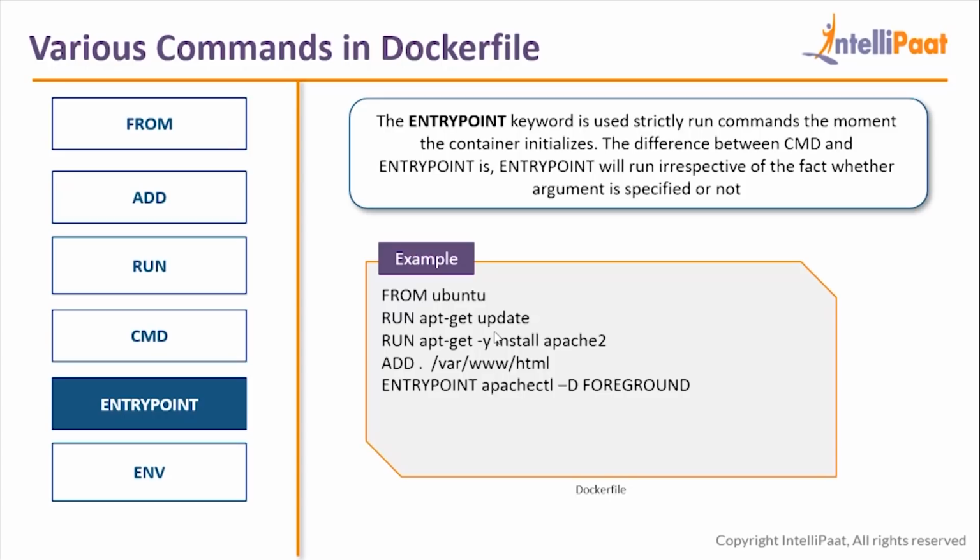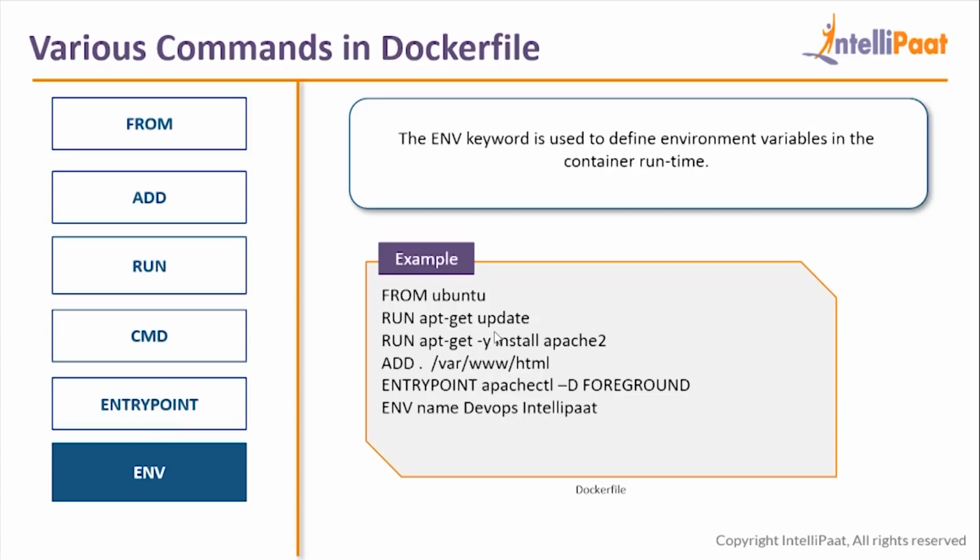So CMD and ENTRYPOINT can be used interchangeably, but if there are cases when you'll be running the container with an argument, it's better to use ENTRYPOINT so that the command does not get skipped. The CMD command will get skipped if you specify an argument after the docker run command. In our case, we use apachectl -D FOREGROUND with the ENTRYPOINT command. Alright, the next command is ENV.